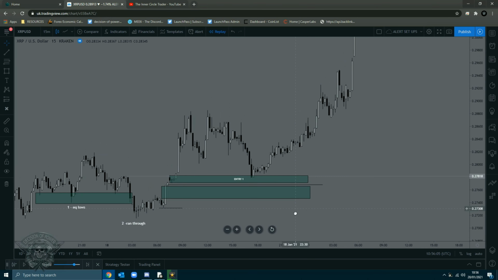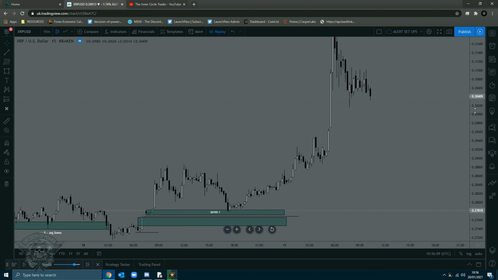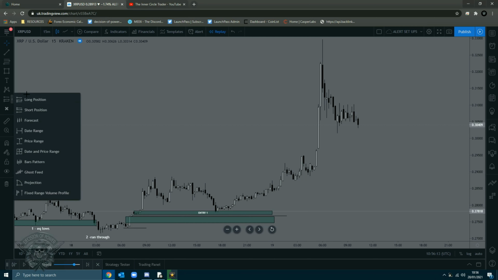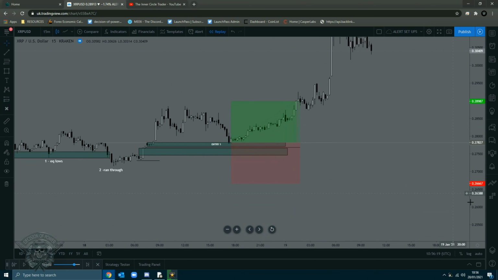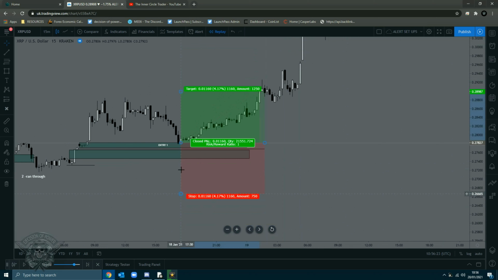So very minimal risk to reward. As high as this market did go, let me have a look. If you did take a long position down here, the first initial stop loss was going to be right underneath that candle there.